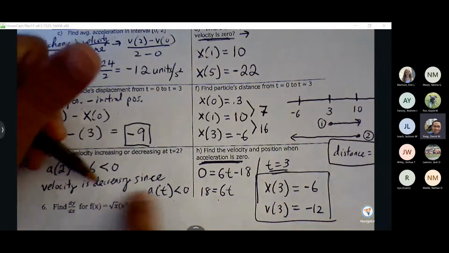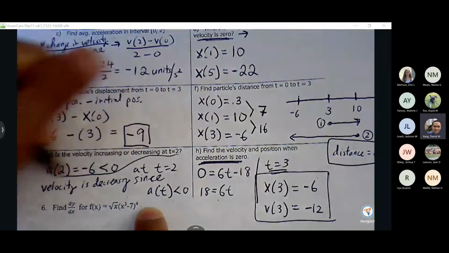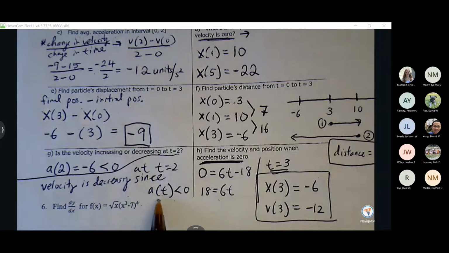I can say velocity is decreasing at t equals 2. I think maybe that's better. Velocity decreasing at t equals 2 since my acceleration is negative. That's fine too. Yeah. Okay, number 6.